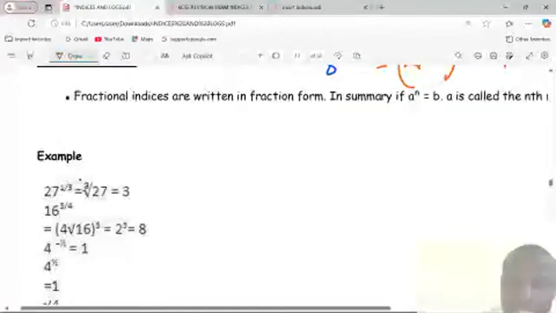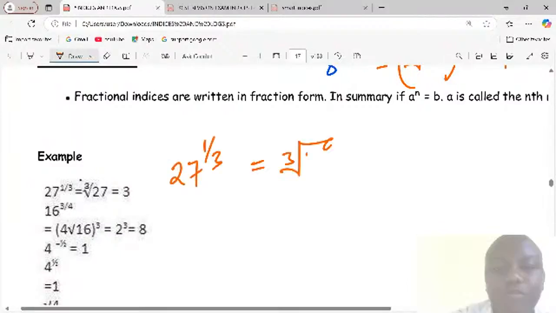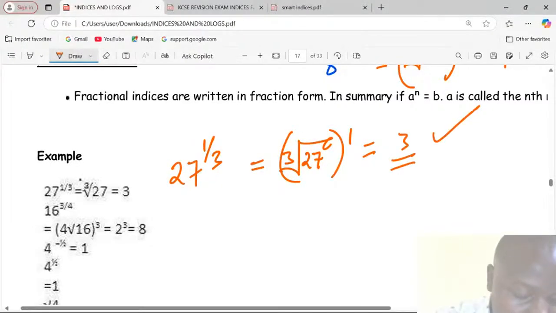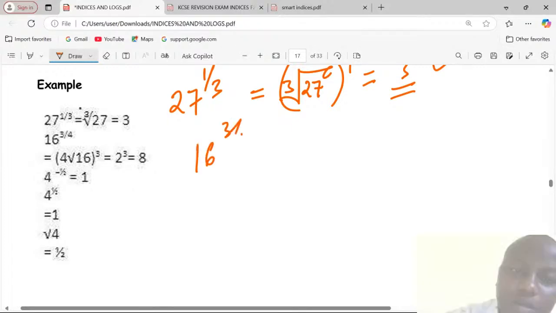Look at this. Take 27 raised to power a third. Then everything is to power 1. Third root of 27, and you'll be done, because anything power 1 is just itself. Another example is 16 raised to 3/4.